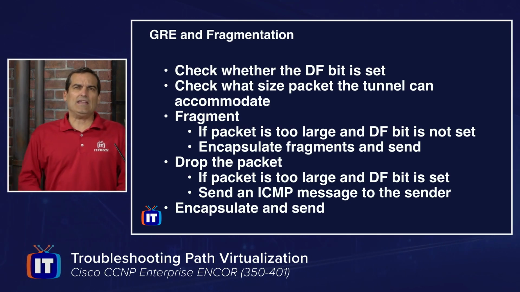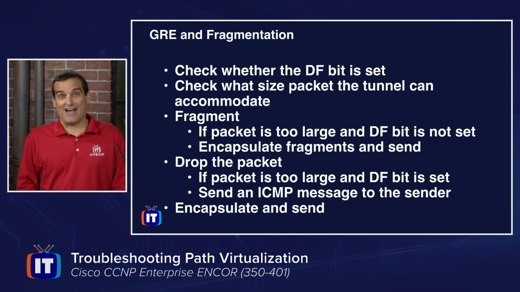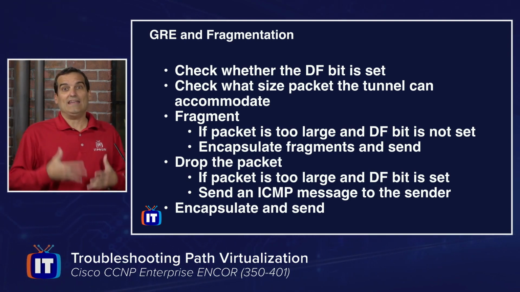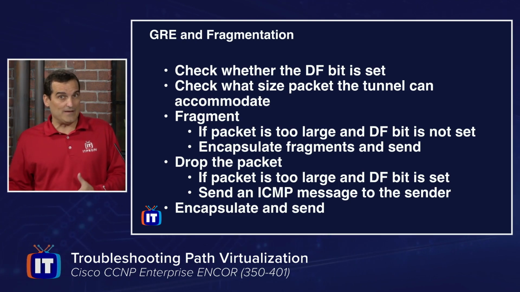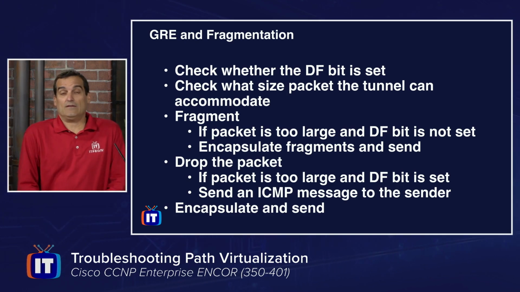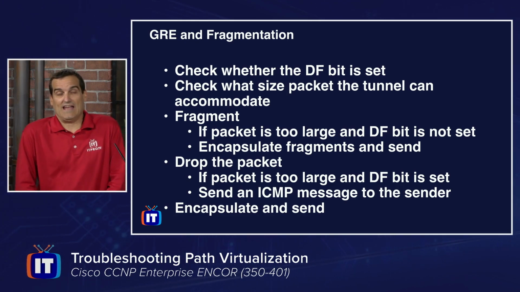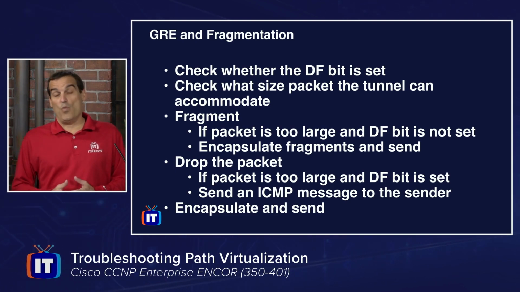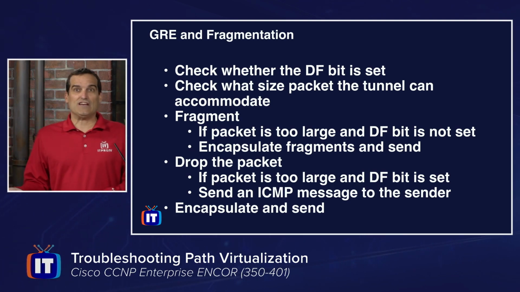The next thing is to check what size the tunnel can accommodate. So if it's been set up so that it can potentially be fragmented, that bit is set that way, then the packet is assessed against the packet size for the tunnel, and then you're going to have one of three things occur. It's fragmented because it's too large for the tunnel transmission and the DF bit's not set.